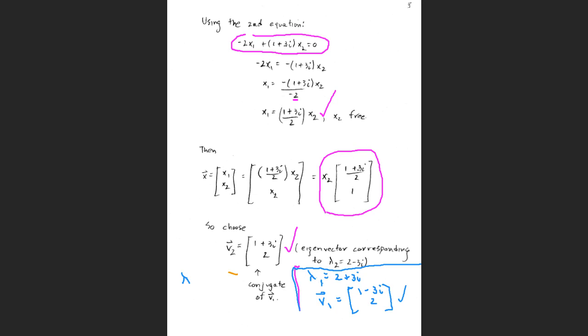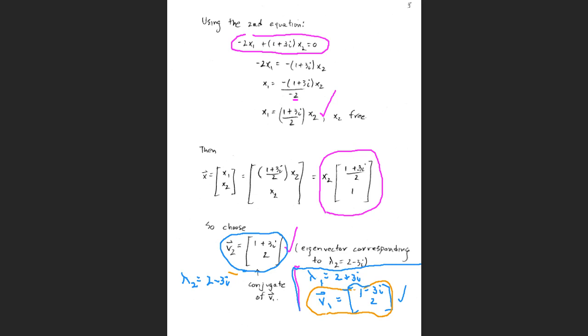Now you're dealing with lambda 2, which is 2 minus 3i, the complex conjugate, and look at the eigenvector. Look at the entries. Compare eigenvectors v1 and v2. Are the entries complex conjugates too? They are. They are indeed.